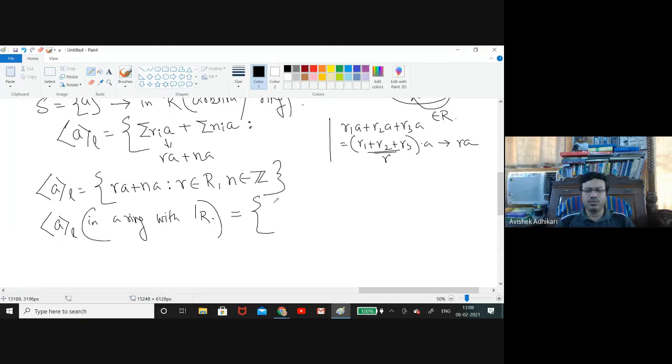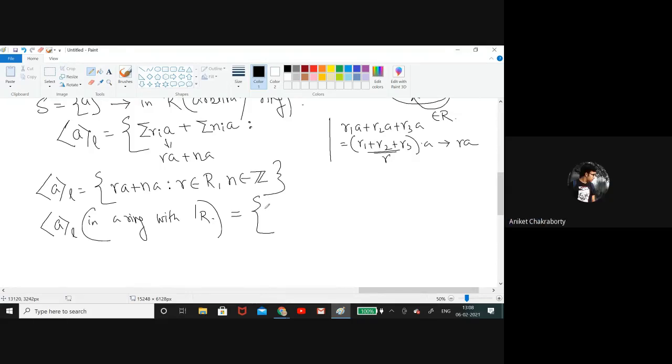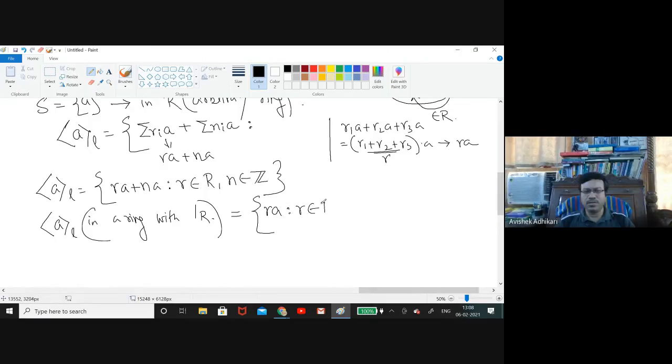If you understood the whole class, then you must be able to tell me. RA such that R belongs to capital R. Very good. Because the NA term will then vanish like in my previous cases. So these ideals are called principal ideals.